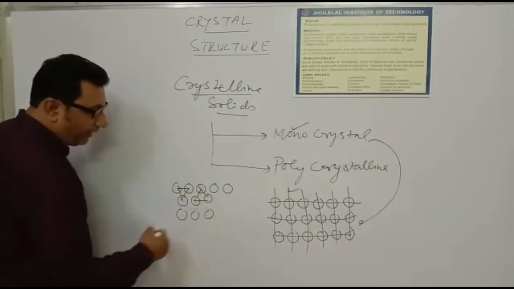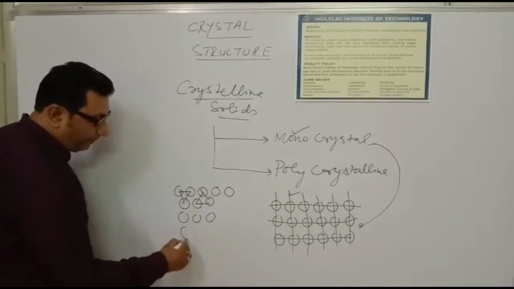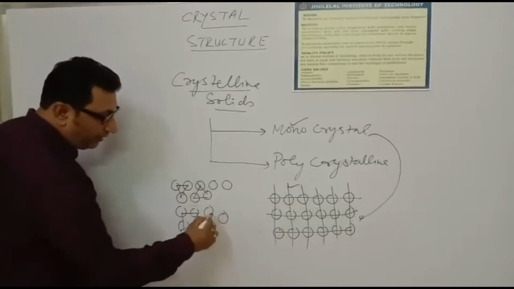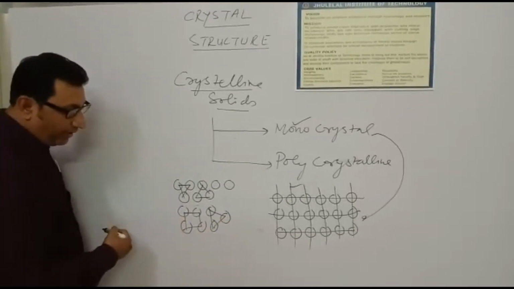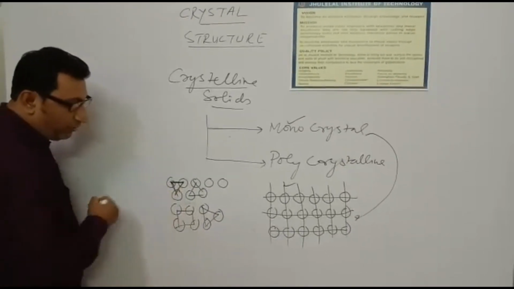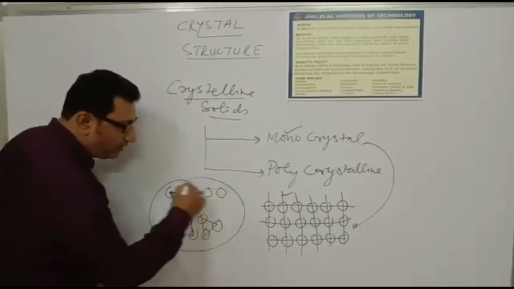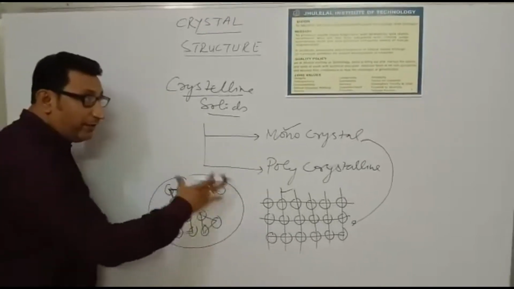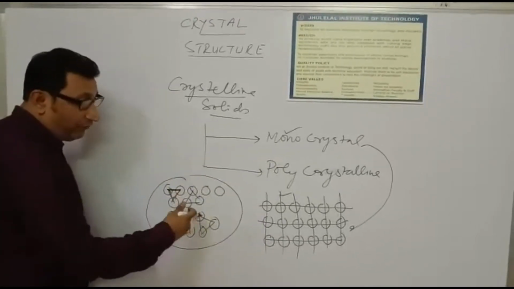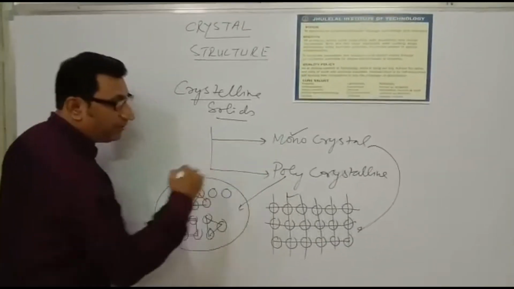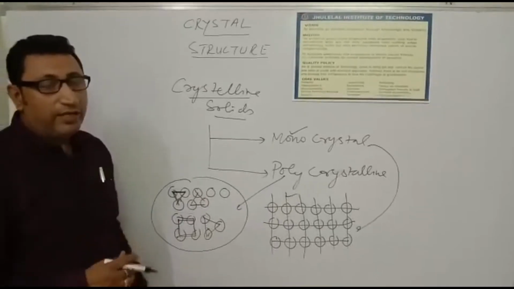These solids are definitely regular in arrangement, but as you can see the regularity is changing. Here we have a triangular symmetry, here we have a square symmetry. So solids in which such different varieties of symmetries are there come under the category of polycrystalline solid.